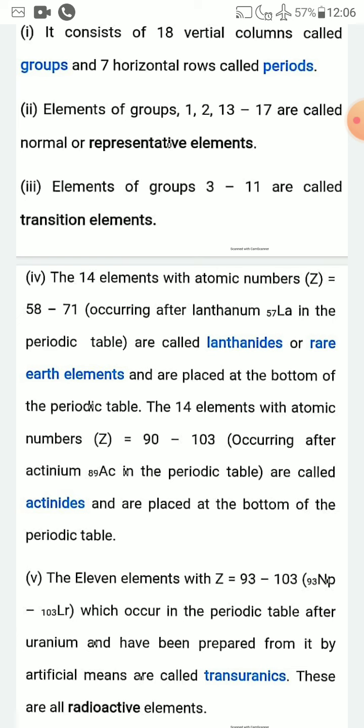And the 14 elements with atomic number 90 to 103, occurring after actinium, are called actinide elements, and these are also placed at the bottom of the periodic table.